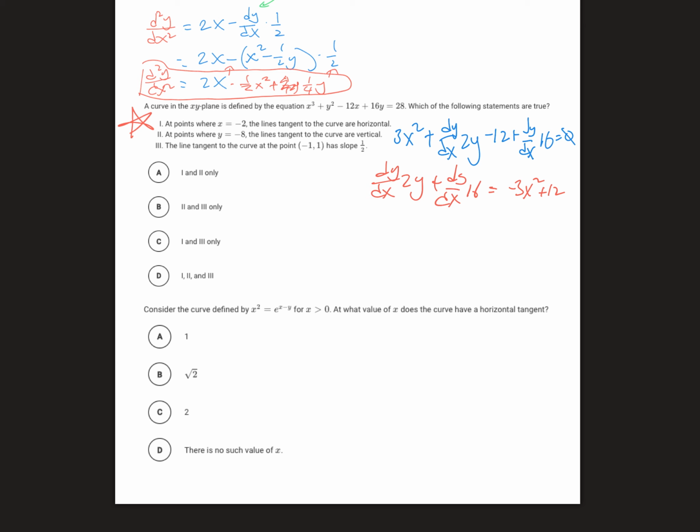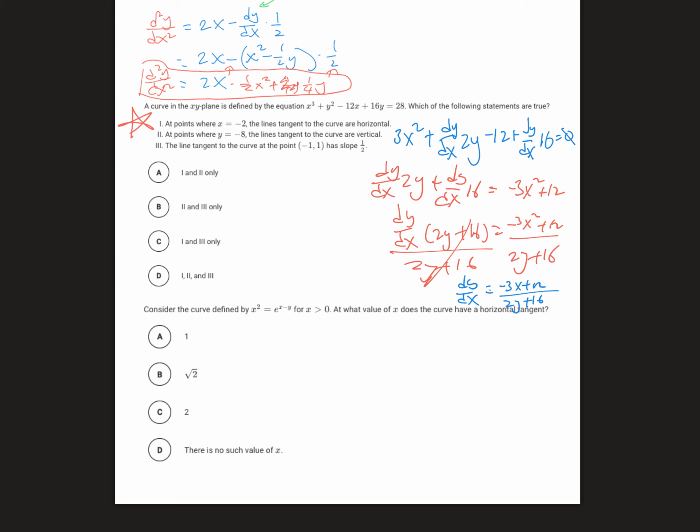Next, we factor out the dy/dx: dy/dx times (2y plus 16) equals -3x squared plus 12. I'm going to divide both sides by 2y plus 16 in order to isolate dy/dx. I hope you're writing a little smaller than I am. Sorry, it's a little harder to write small on this format, an iPad. So dy/dx equals (-3x squared plus 12) all over (2y plus 16).